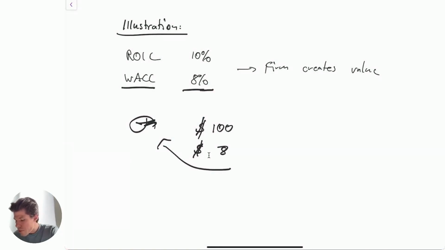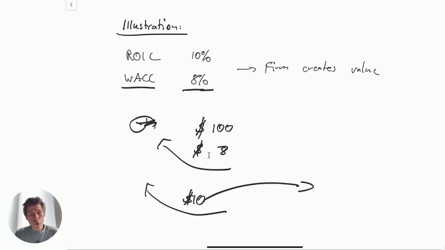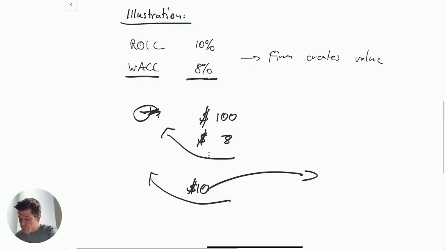Yeah, you can start generating products, you can create services, you can hopefully make some revenue and profit. If your return on invested capital is 10%, it means for every $100 that you use from your capital providers, you make $10 return, which you can either use for your own purposes or which you can redistribute.